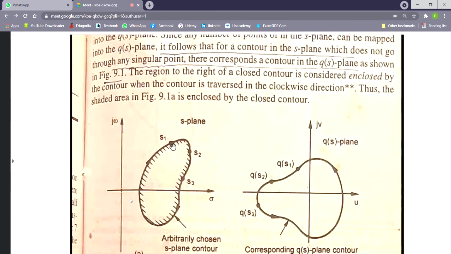So now, here is our mapping function Q(S). For this S1, we'll get some Q(S1), and that point can be located on this Q(S) plane. This is Q(S1).